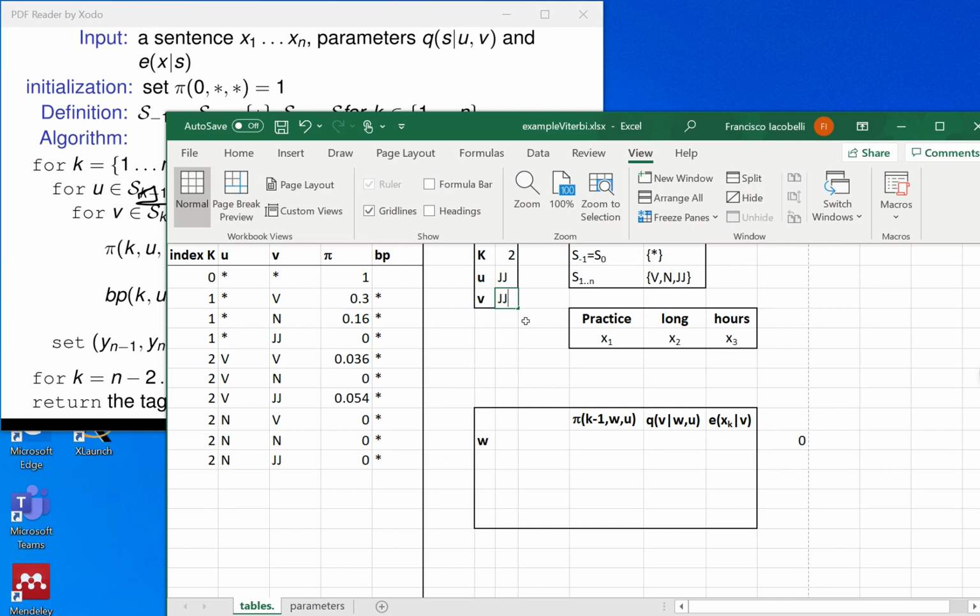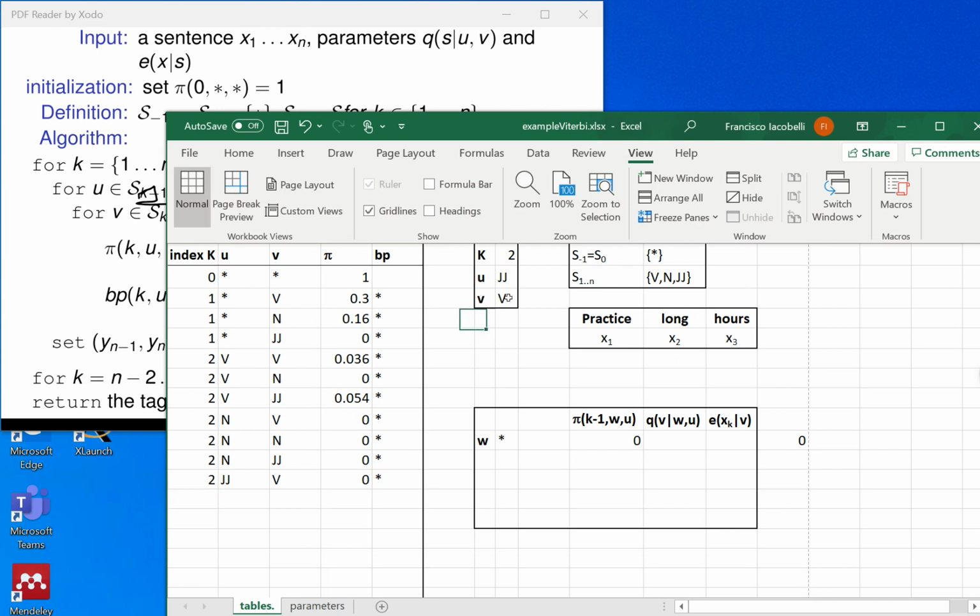So that will be V. W is still looping through S0, so a star. And we're looking now for pi of 1 star JJ. 1 star JJ, which is 0. So the entry 2 JJ V is going to be 0, and the tag that created that is star. I don't bother with the other probabilities because the multiplication is going to be 0.